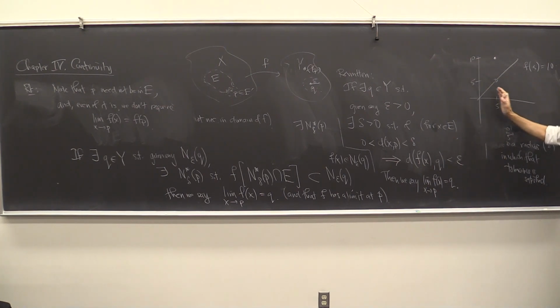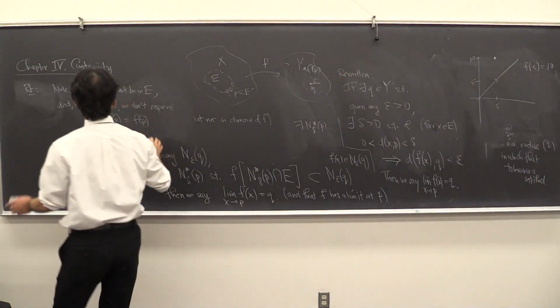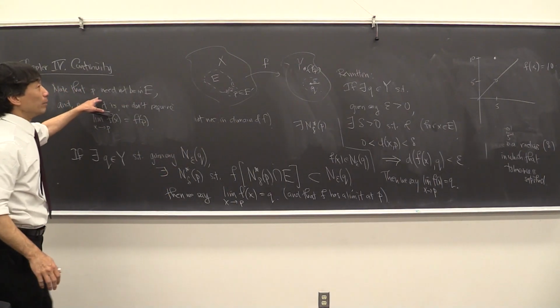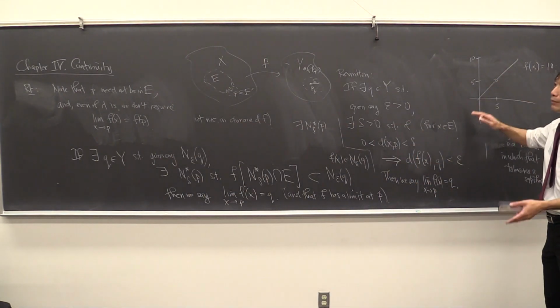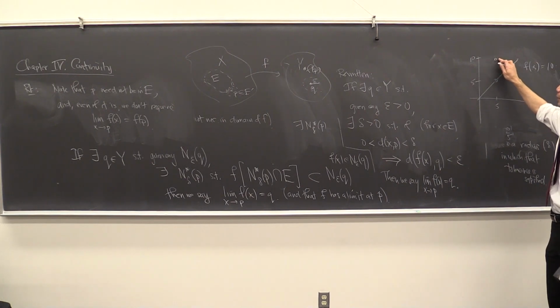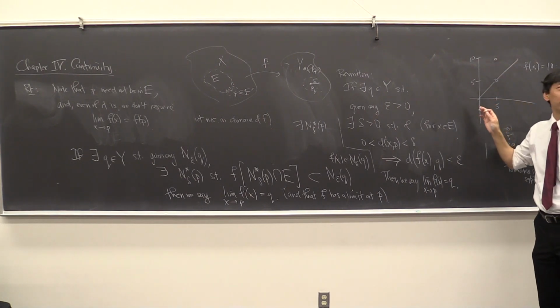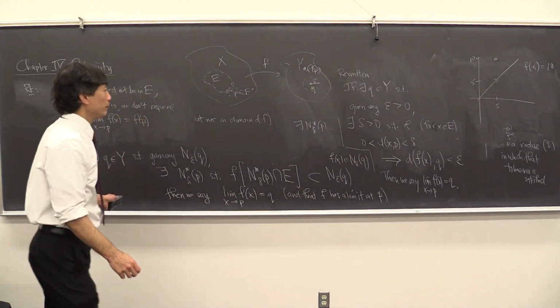As you approach 5, the values of the function approach 5. So that's all we're saying here: maybe the function is not even defined there, and even if it is, we don't require that this actually be the limit value.